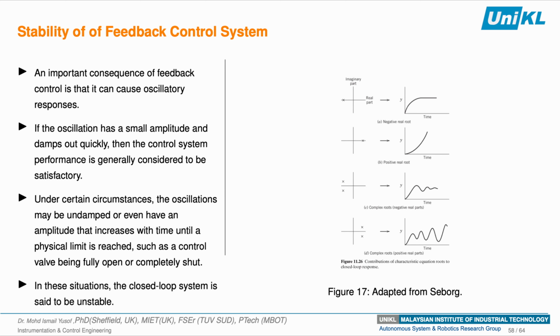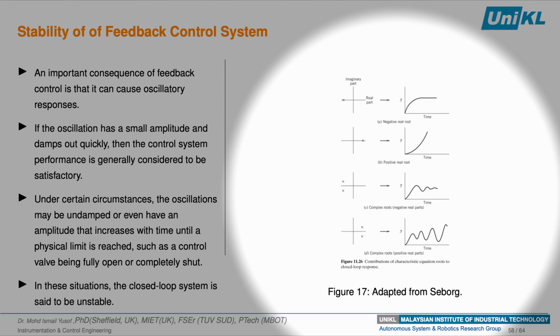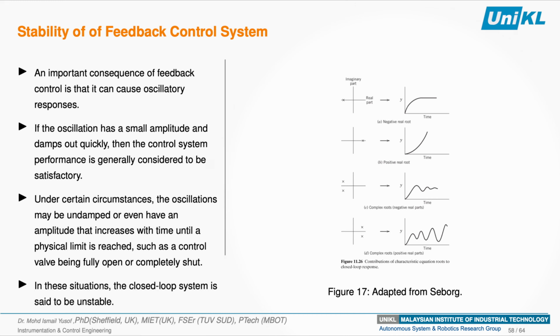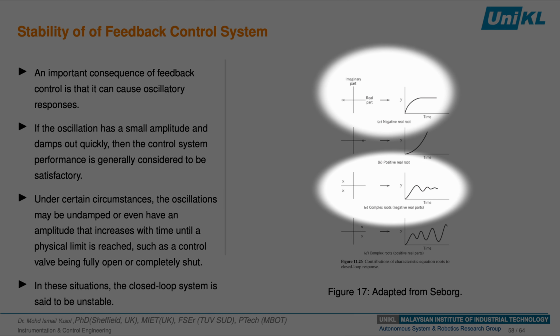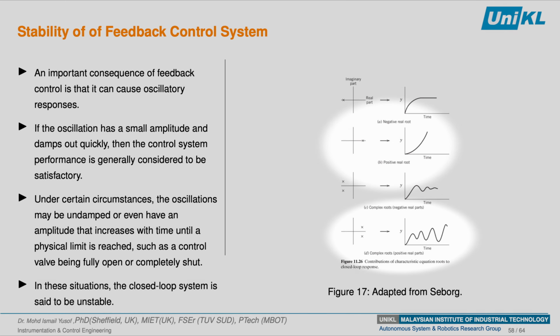In control system theory, there are several ways to determine stability of a control system. One of the methods is the qualitative effect of a transient response of the closed-loop system as shown in the figure. System is stable if the roots are on the left-hand side. System is not stable if the roots are on the right-hand side.